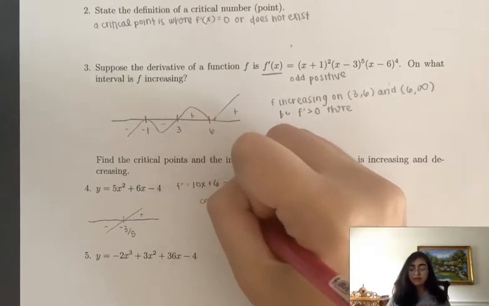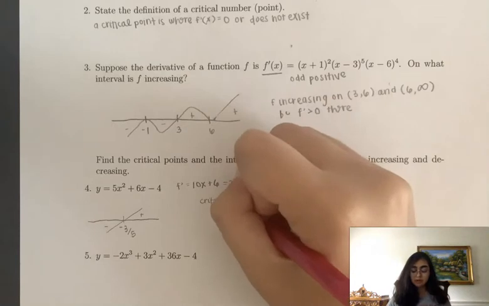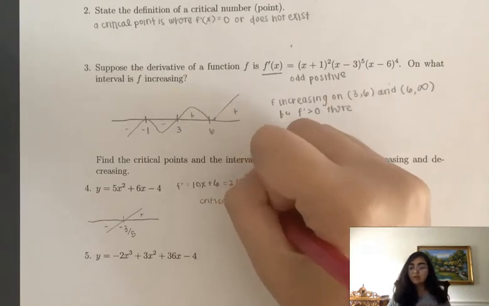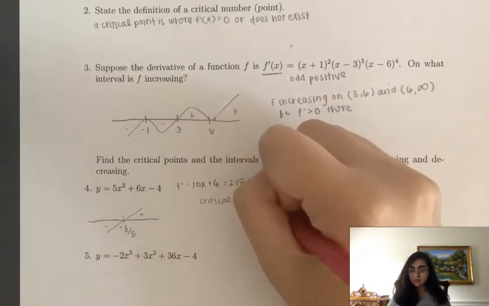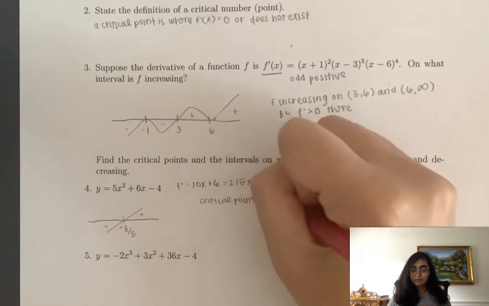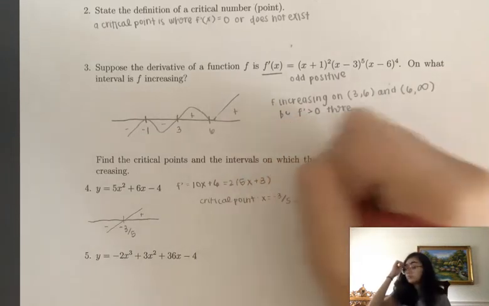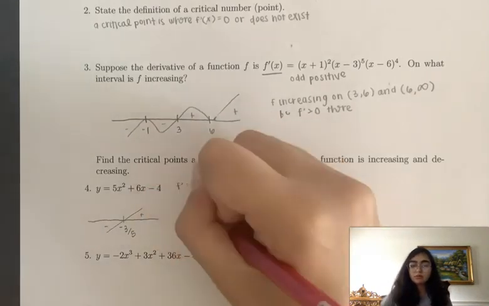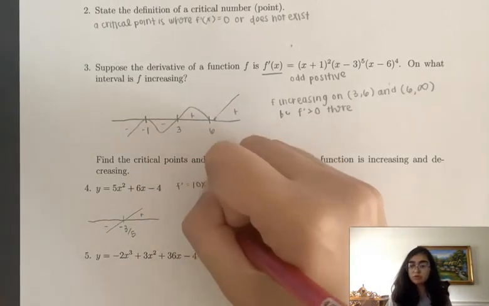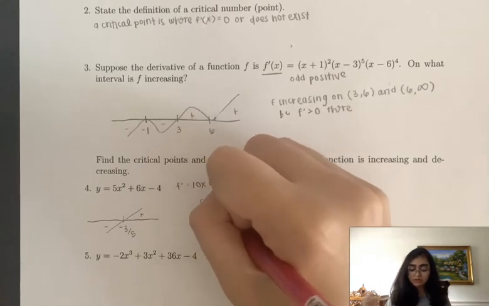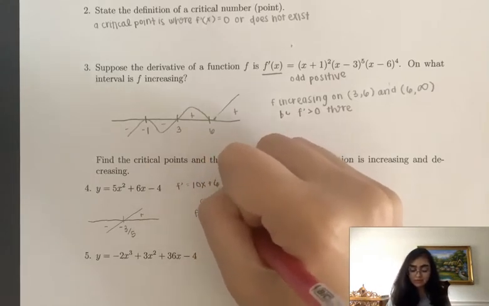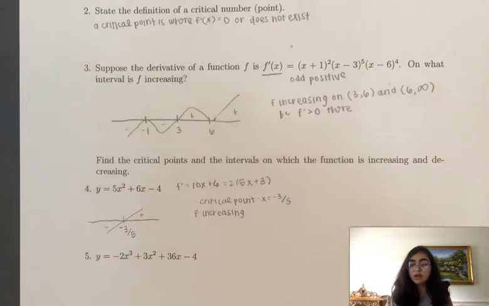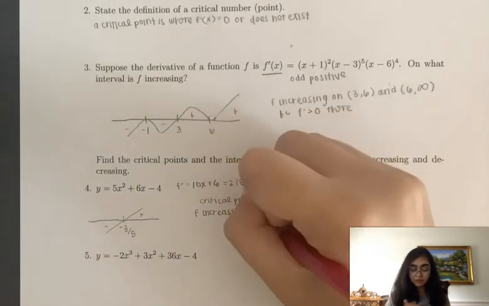And you should write, I forgot to write this in this problem, but you should write because f prime is equal to 0. So I have critical point, which is the question, x equals -3/5, which is the answer, and I should have because f prime equals 0, because that's the rule.